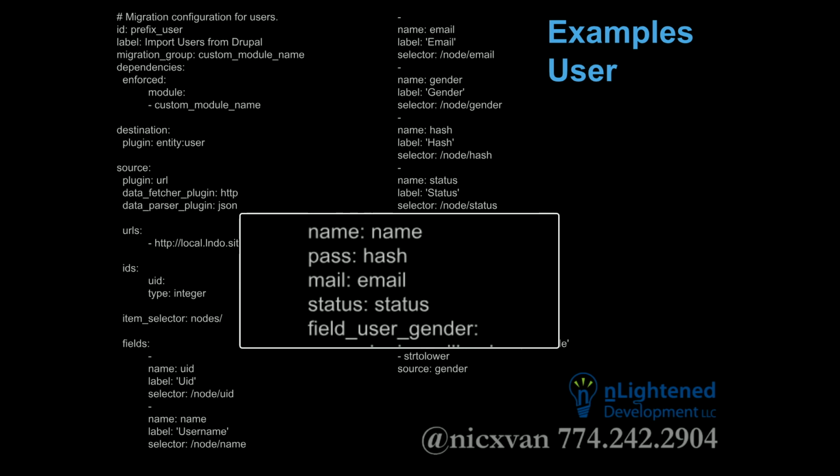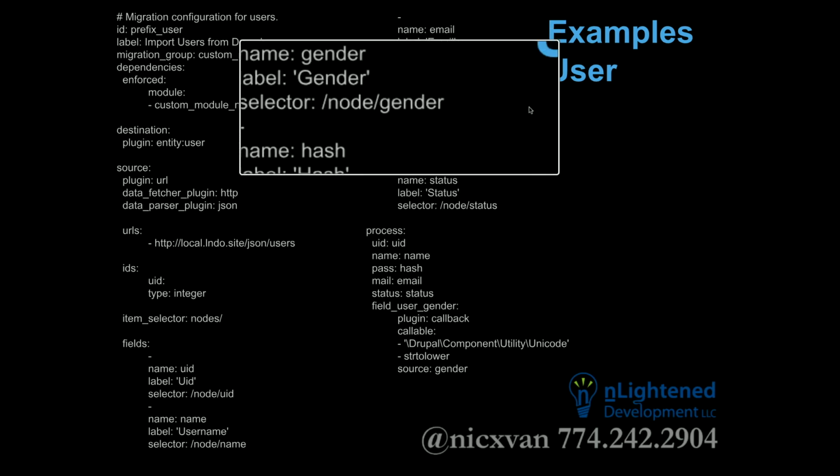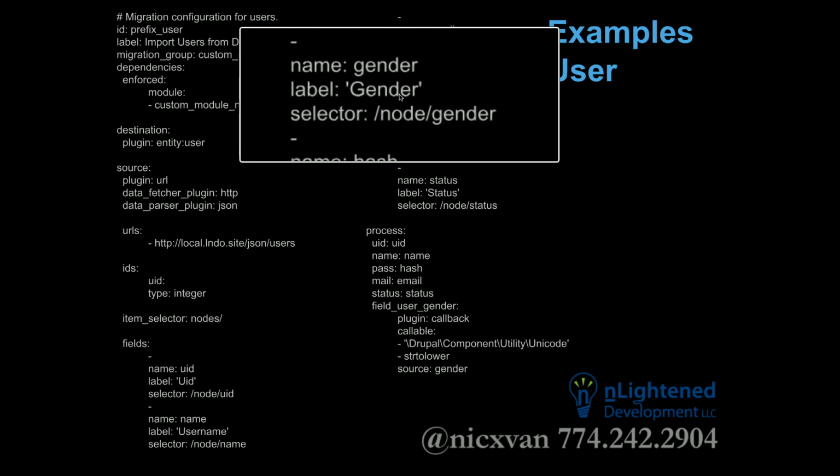The second thing I wanted to point out is this field gender. So this is an example of how you can actually step outside some of the examples that I gave. In this particular case, on the old site, the gender was male or female, but the keys were capitalized, and on the new site, the keys were not capitalized.